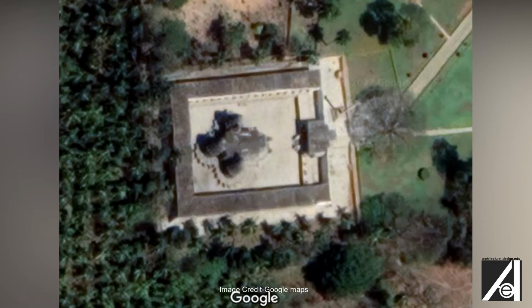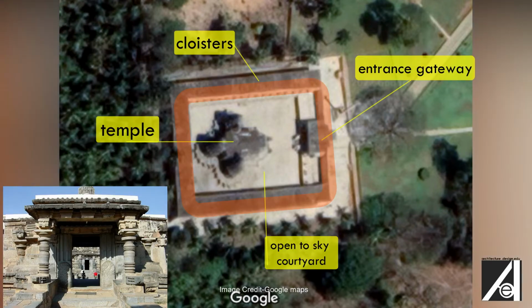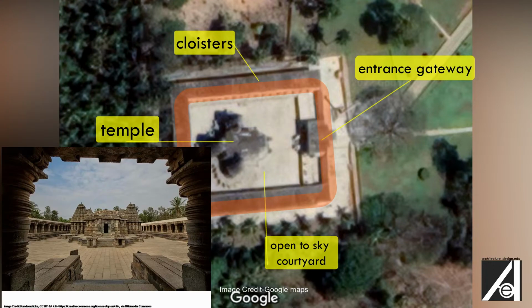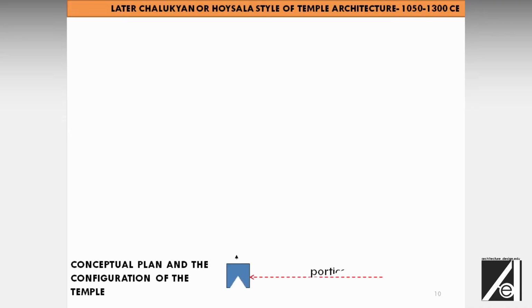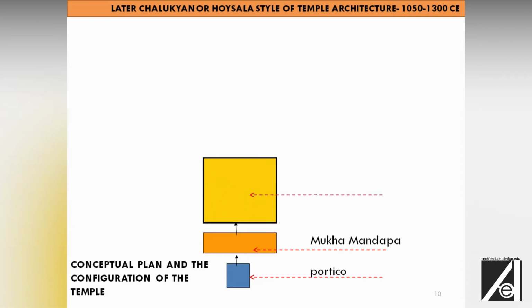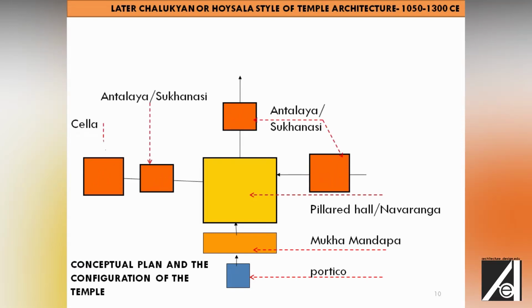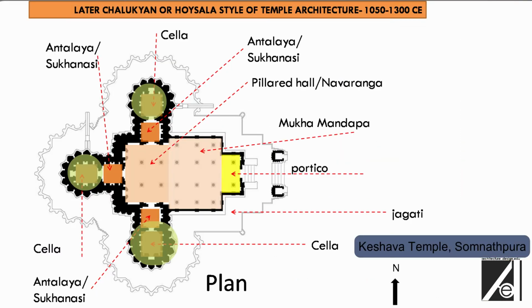Now let's talk about the next architectural feature, that is the plan. Similar to the temples found in most parts of the country, this temple stands in an open-to-sky courtyard which is surrounded by cloisters on all sides with small shrines. The temple plan consists of a portico followed by a mukhamandapa, followed by a pillared hall referred to as the Navrang. Then comes the Antaral, that is the Sukhanasi, and then the sanctuary.